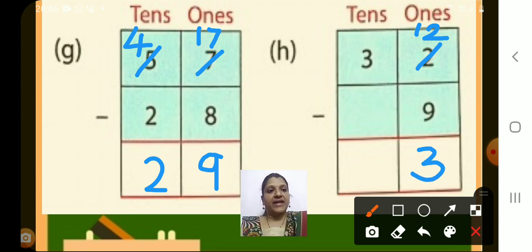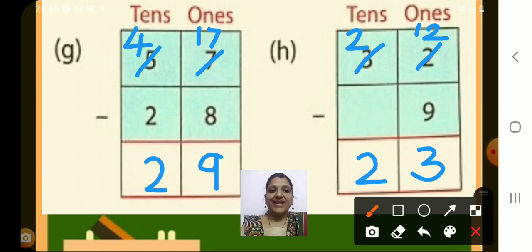Now, in tens place, we will strike off 3 and write number 2 above it, 3 minus 1, which has been borrowed by ones place. Hence, we have to subtract it and the answer is 2, which we have written above it. Now 2 minus 0. So it comes 2 only. Hence 32 minus 9 equals 23.